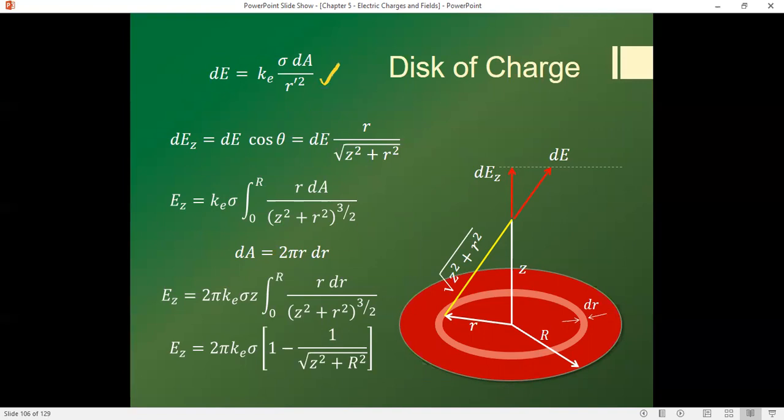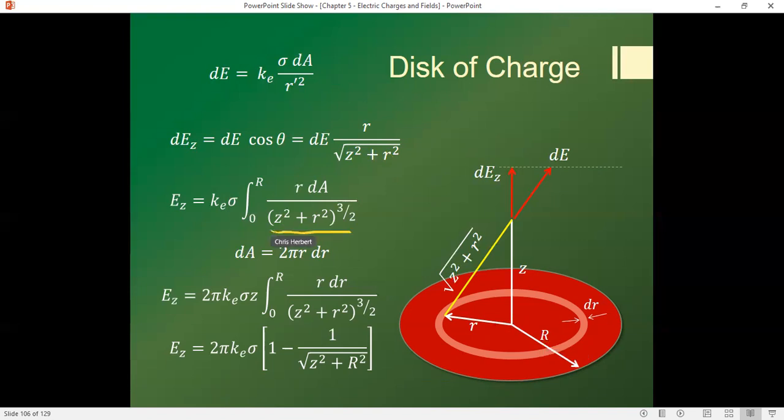I already saw that the cosine of the angle is going to be r over the square root of z squared plus r squared. Sorry, folks, these should be small r's. We are using small r because we're going from a small radius to a big radius. Big R represents the overall size of the disk.